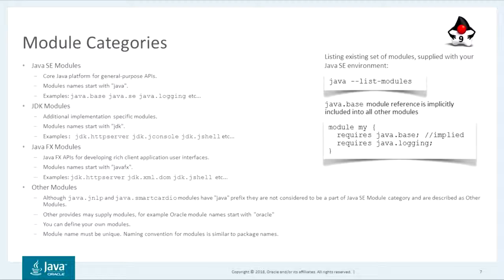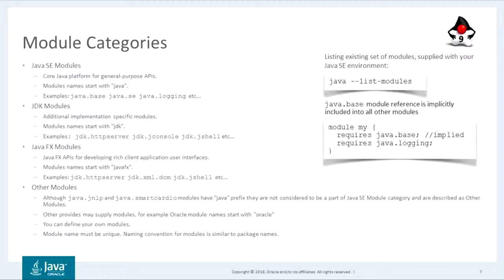Then there are JDK modules which provide additional runtime-specific features. For example, jdk.httpserver or jdk.console or jshell, these are modules again. There are a number of modules related to the JavaFX runtime, and there might be miscellaneous modules as well that are supplied with the Java Development Kit. Some of them still have the java prefix.